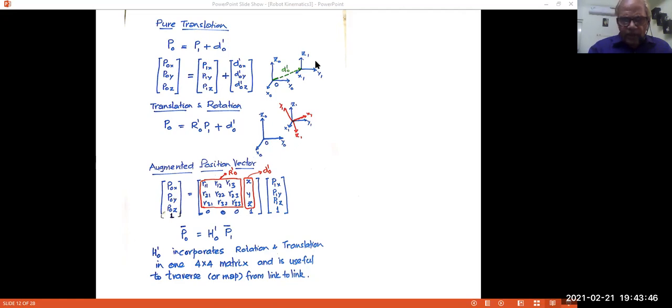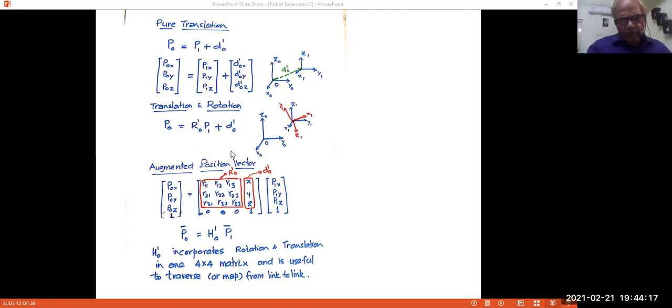So any point in this frame can be simply mapped into this frame 0 by adding the components of this distance of the origin expressed in frame 0. That is what we do here. P0 is P1 plus D10, and P0 components in frame 0 will be whatever are the components in frame 1 plus the XYZ components of this D10.